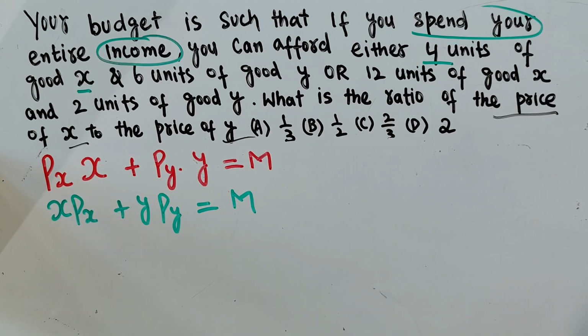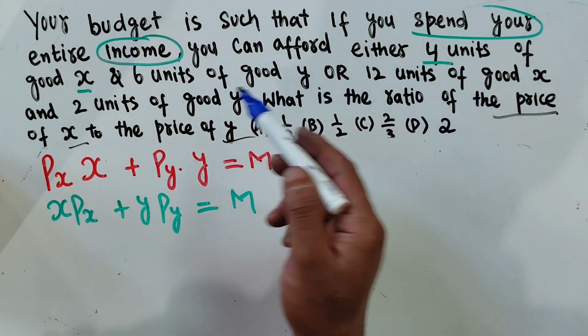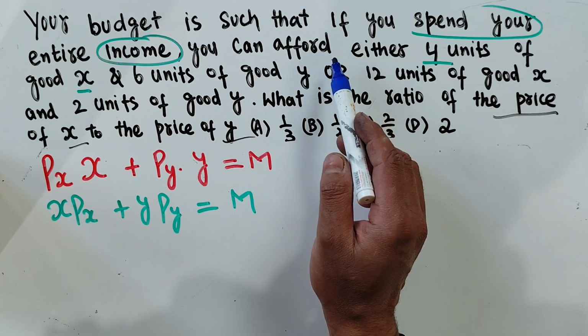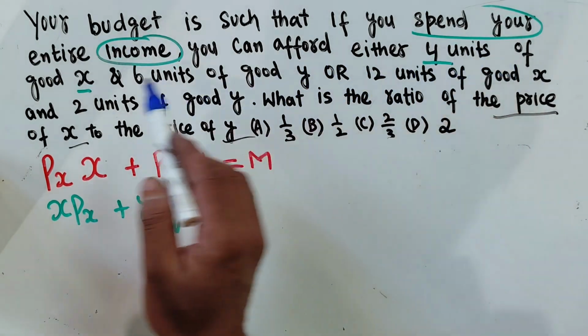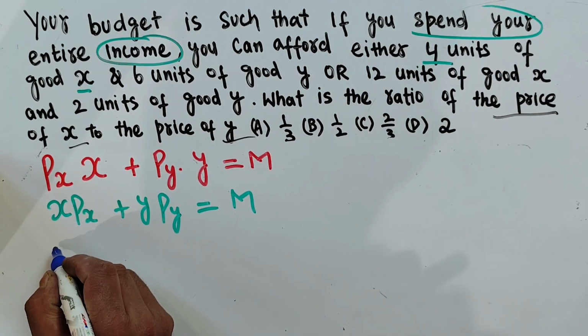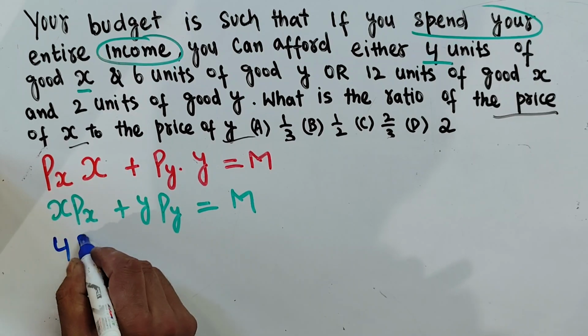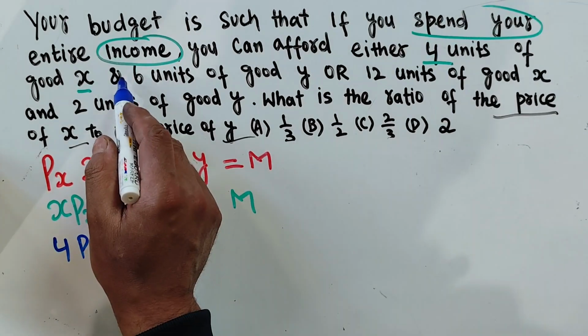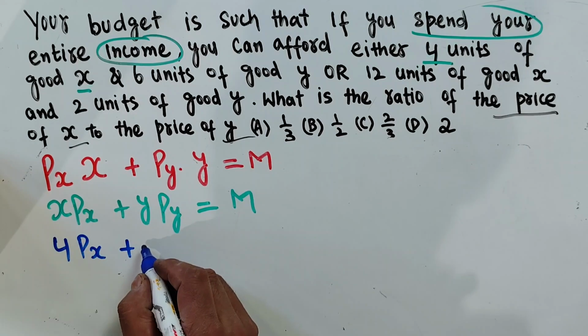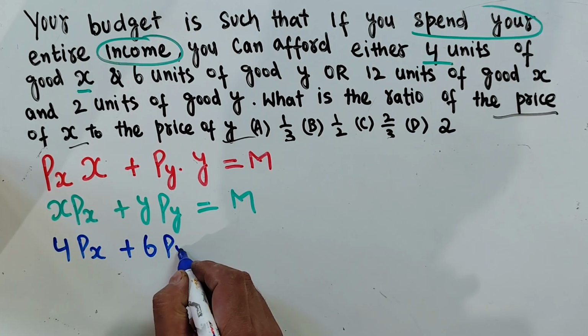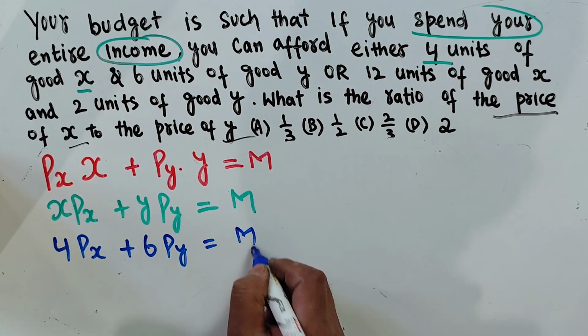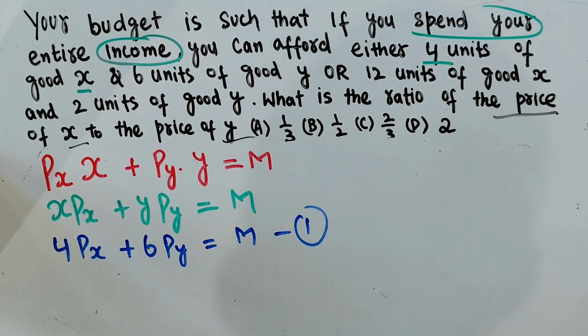Now, let us see what the question is asking us. So we are being told that we can afford either 4 units of good X, so in place of X, let us first write here 4 times price of X, plus 6 units of good Y, so in place of Y we have 6 times price of Y should be equal to income. Let us suppose this is equation first.